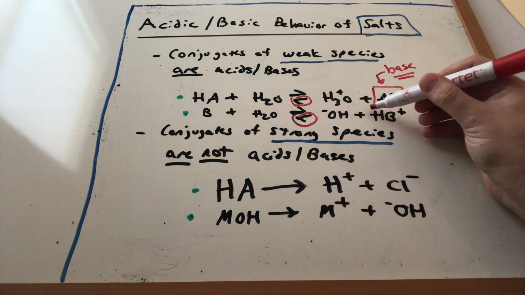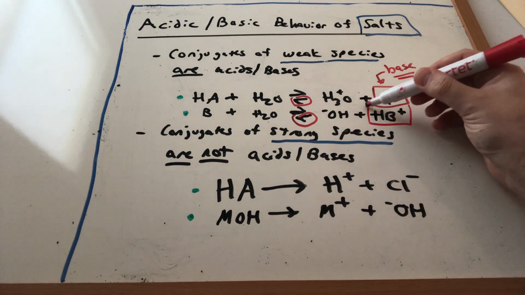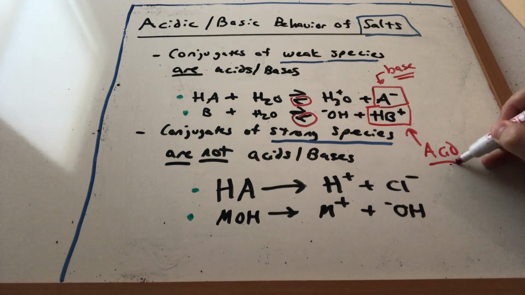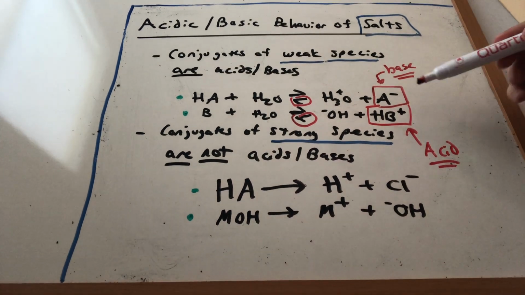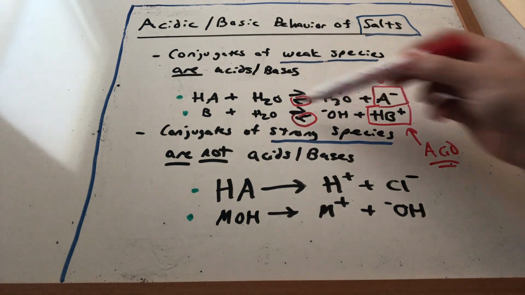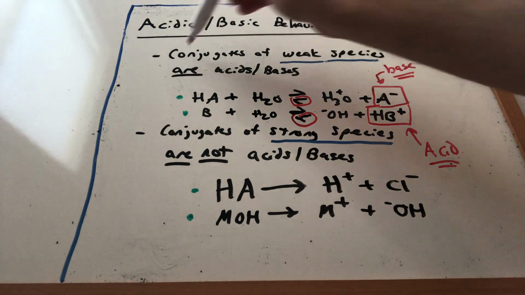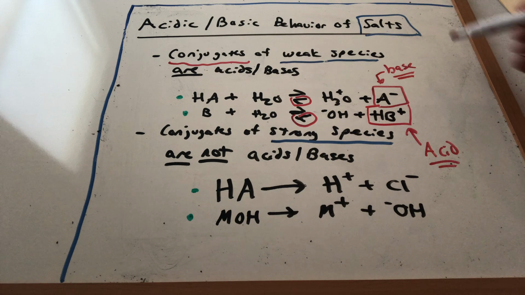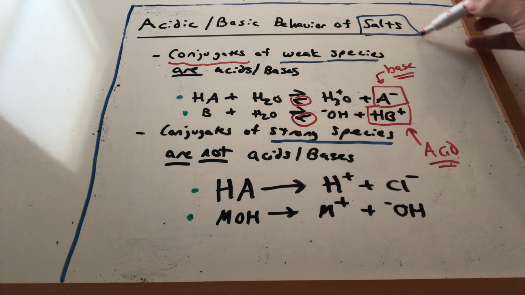So for the base reaction, we make this conjugate acid. This guy right here is definitely an acid. It has the ability to give away its H plus to the OH minus and go in that direction. The conjugates of weak species are acids and bases. Now you can maybe see how they show up in salts.